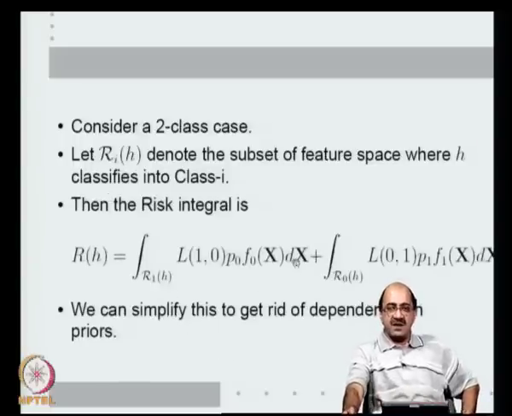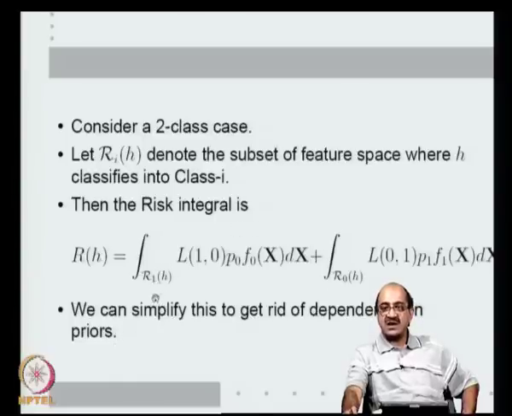Then, from what we derived earlier, the risk integral is the probability that a class 0 pattern comes into a region where H will put it in class 1, and the probability that a class 1 pattern will come into a region that H will put in class 0. This is the same integral that we got earlier.